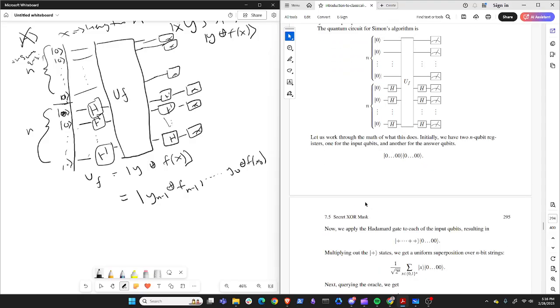Initially, this will start us off with 2 quantum registers: one with all Hadamards, our input qubits, and then one with all zeros, our answer qubits.